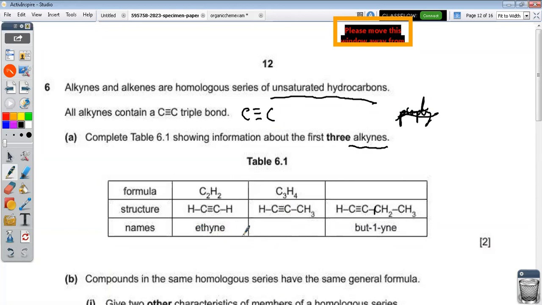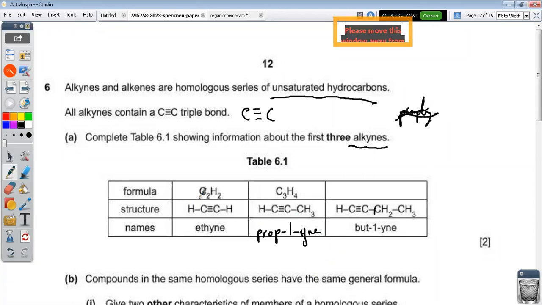Look at the naming here. It will be propyne. You can also say prop-1-yne, with the triple bond on position 1 here. Make sense?